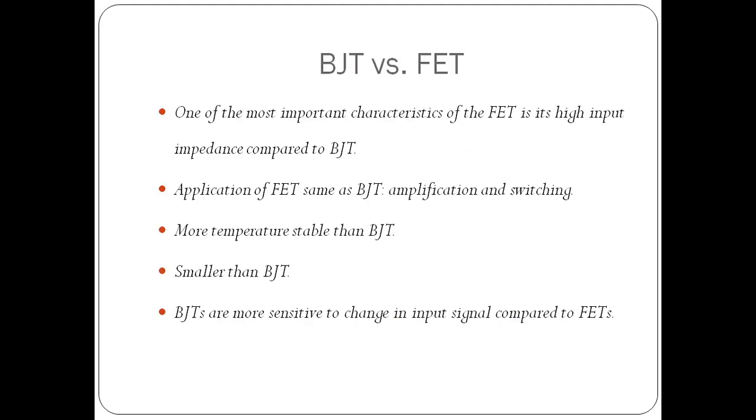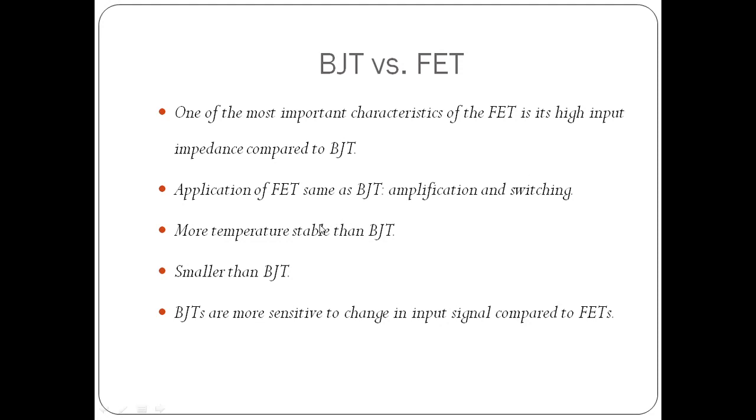One of the important characteristics of field effect transistors is its high input impedance compared to the BJTs. Now the applications of FETs are exactly the same as the bipolar junction transistor. These are amplification purpose and switching purpose.